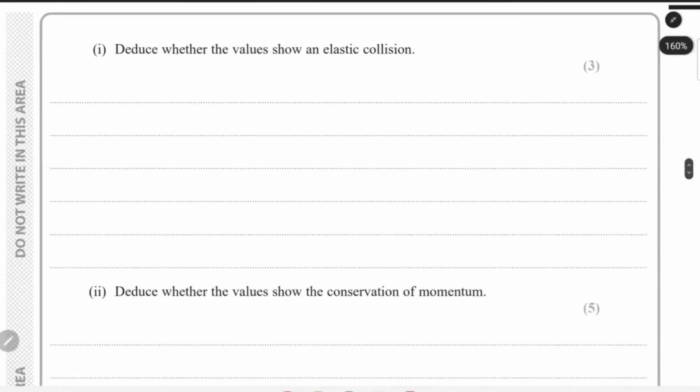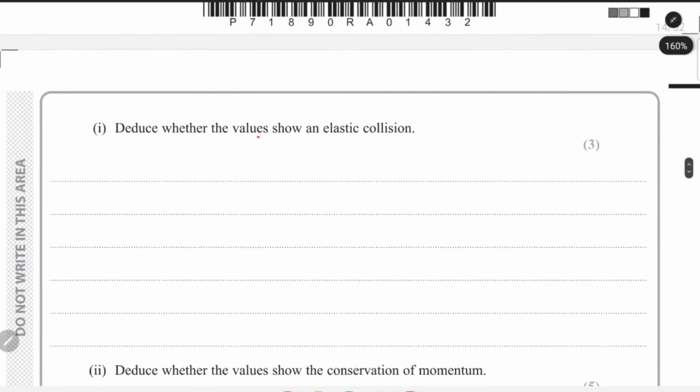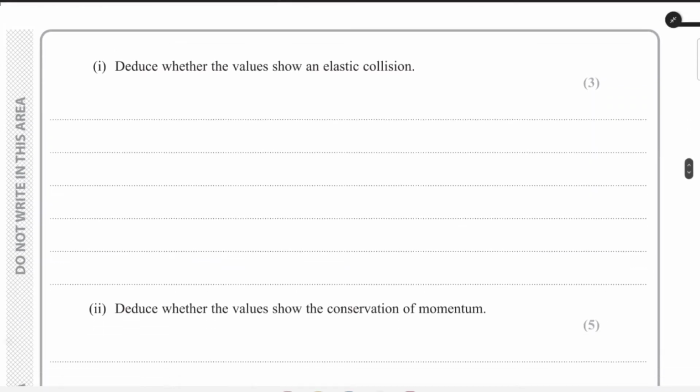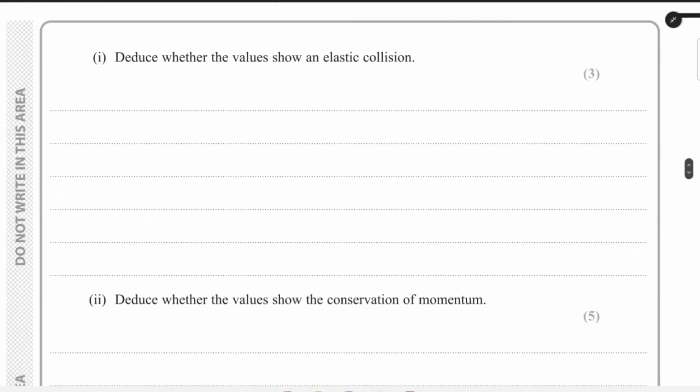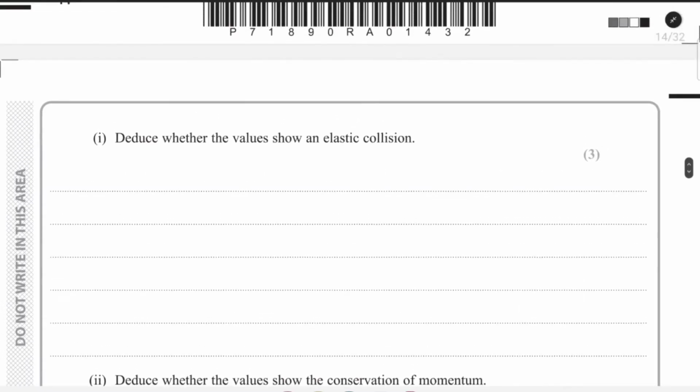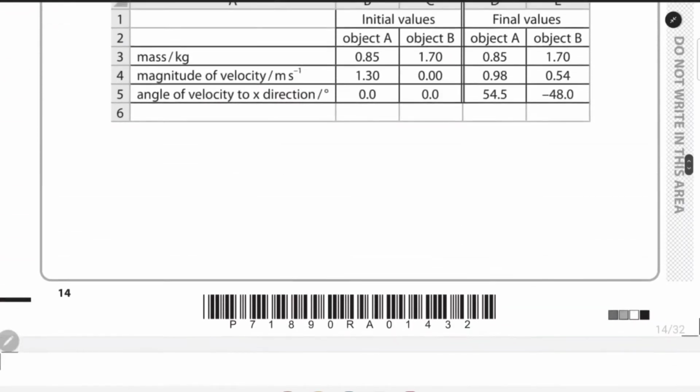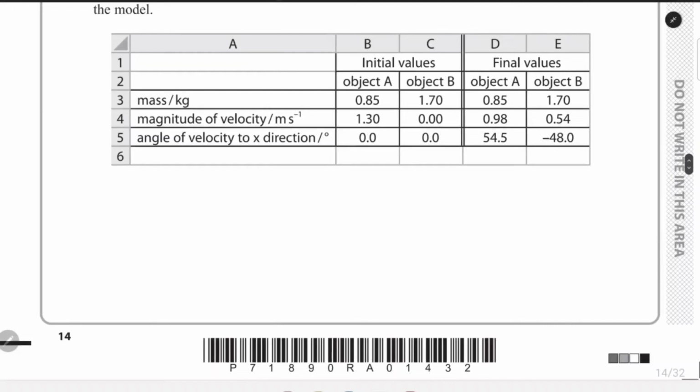We have to find out if this shows that there is an elastic collision. If it is an elastic collision, the kinetic energy is also conserved. If it's an inelastic collision, the momentum will be conserved as well, but the kinetic energy won't be. So we just have to show that the kinetic energy is conserved in this case.